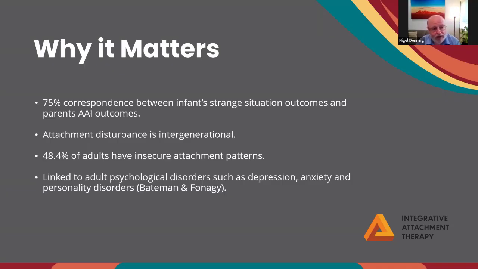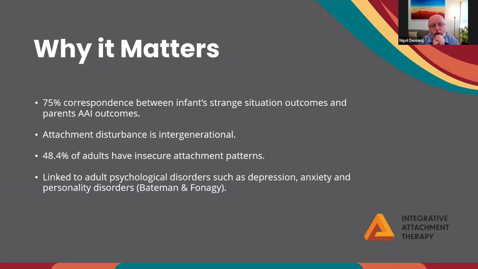So there's been a major study in Melbourne in recent years as well, but 75% correspondence between infant strange situation and parental AAI outcomes is suggesting that there's an intergenerational transfer of attachment disturbance. There are different figures for insecure attachment in the population, but 48.4 is a relatively modest assessment of the extent of attachment disturbance.